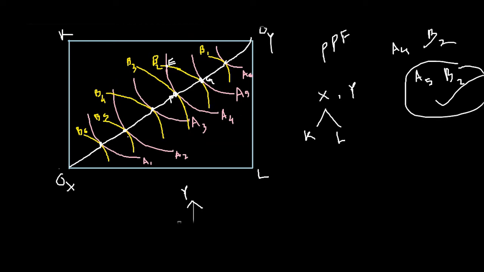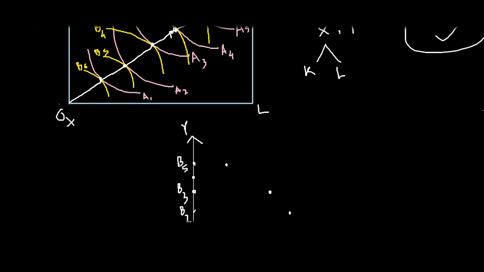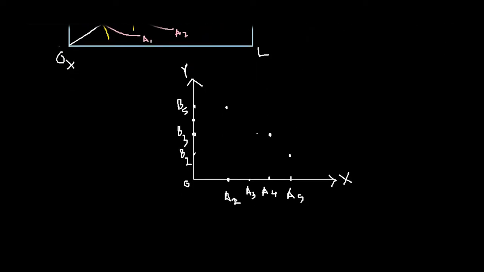Take any point throughout this contract curve, they will represent a certain point of tangency of an isoquant of X and an isoquant of Y. So when you plot all those points in this graph, you will get such a curve, like say this is the point of, let's say, B6 and this is, let's say, A6.